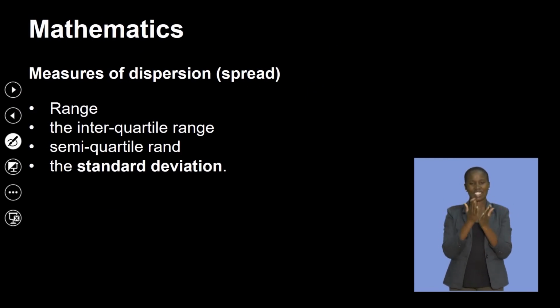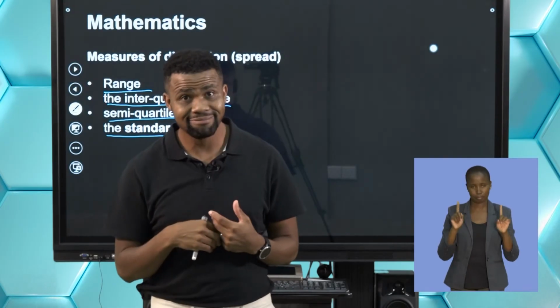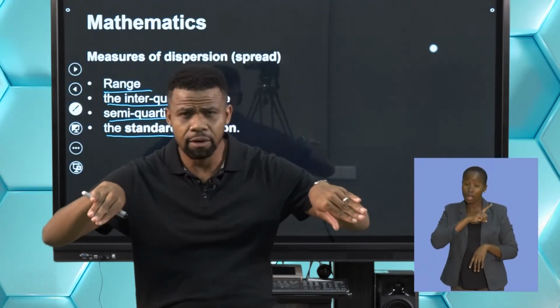So the measure of dispersion, the spread of data. We know the range, which is the maximum minus the minimum, the interquartile range, the semi-interquartile range, and what is new is the standard deviation. The range is not a good measure of spread. Why? What do you think?